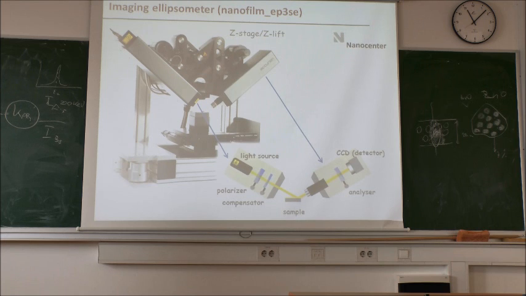The compensator is also a very important element because it is used to shift the phase of one component of the incident light, and in this way the linearly polarized light is transformed to circularly or elliptically polarized light.